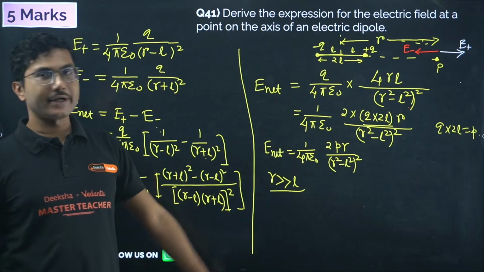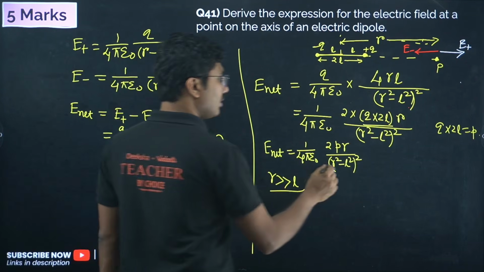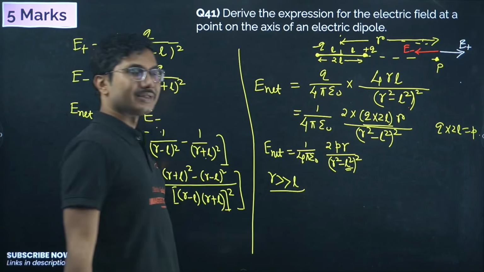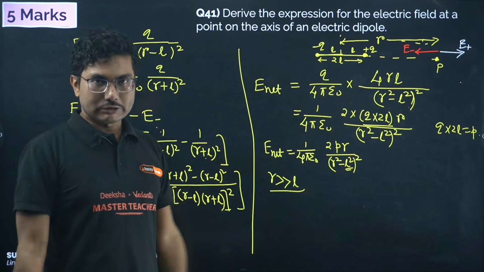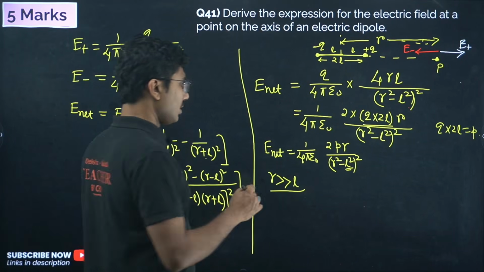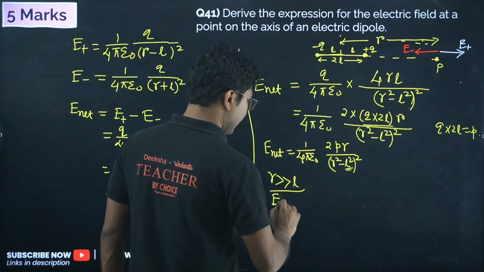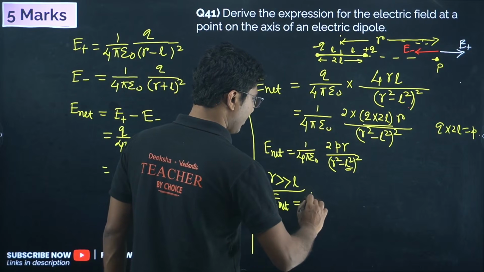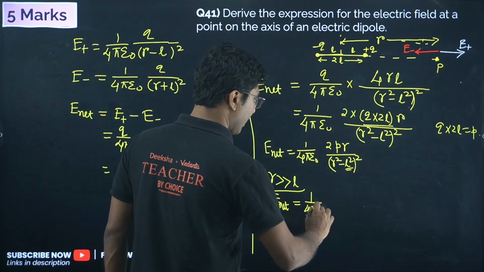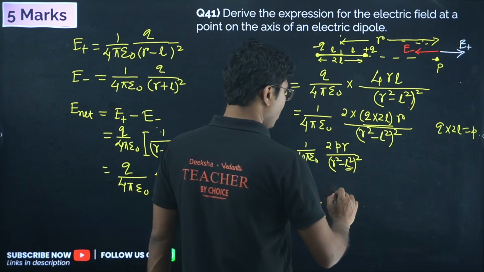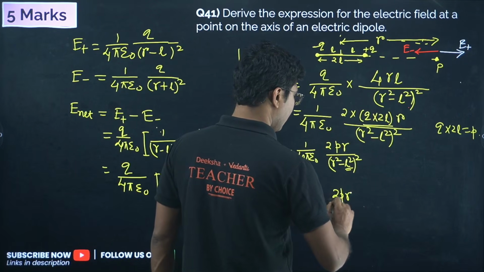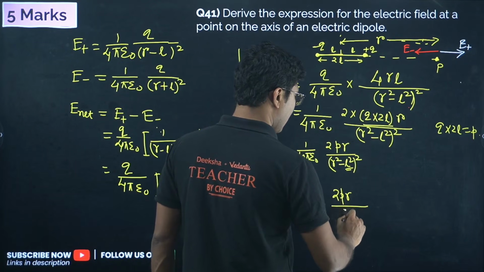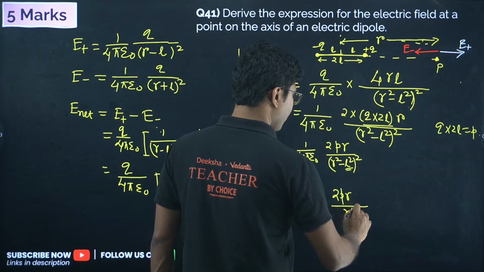So r very much greater than l, we can ignore this l square term, because if l is small, then l square will be much smaller. So we can write E net equals 1 by 4 pi epsilon naught 2 p r divided by r to the power 4.